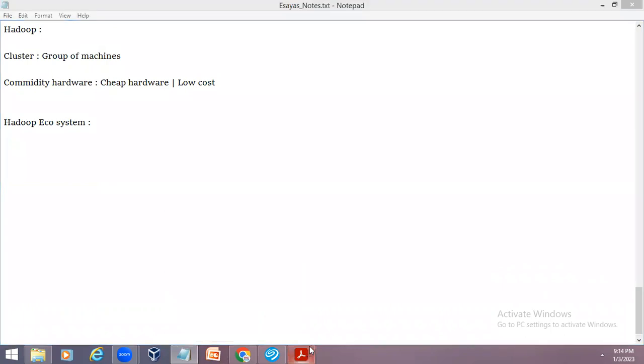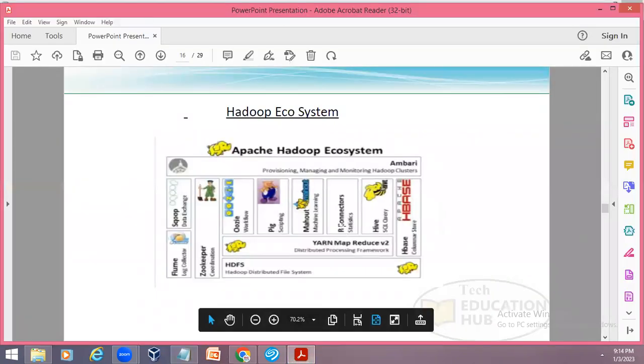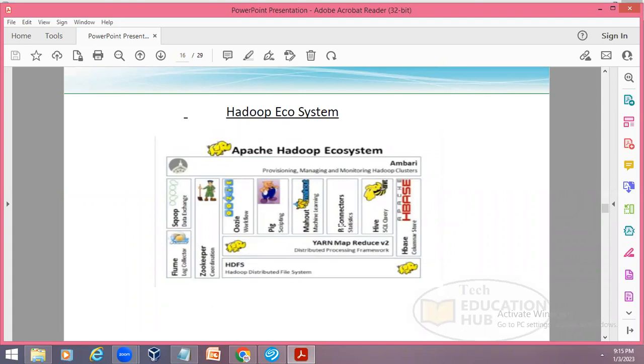Fine. So let us start with Hadoop ecosystem. As we understood, Hadoop is just one single component. Each company has taken Hadoop as a base and customized it as per their requirement, and built tools on top of the base Hadoop.